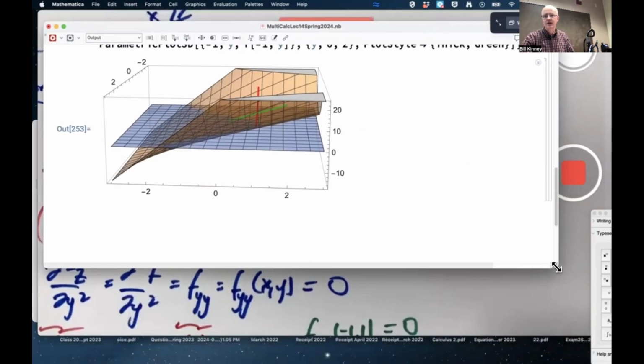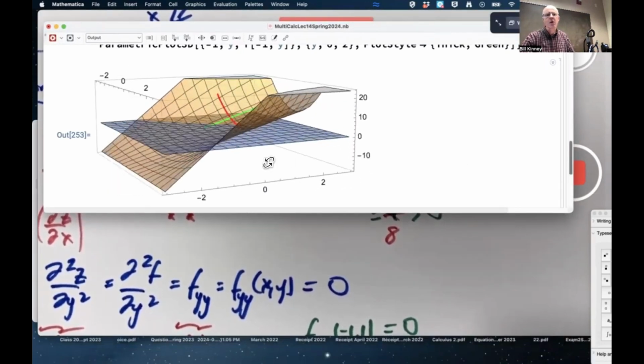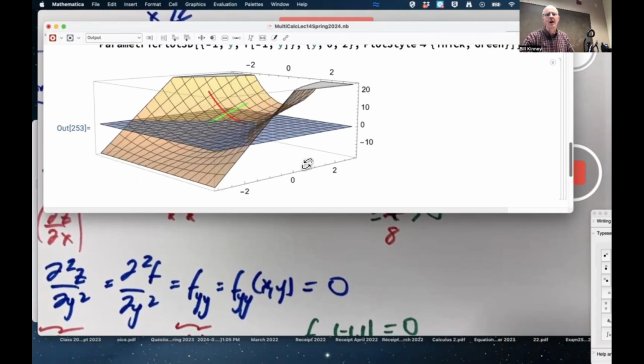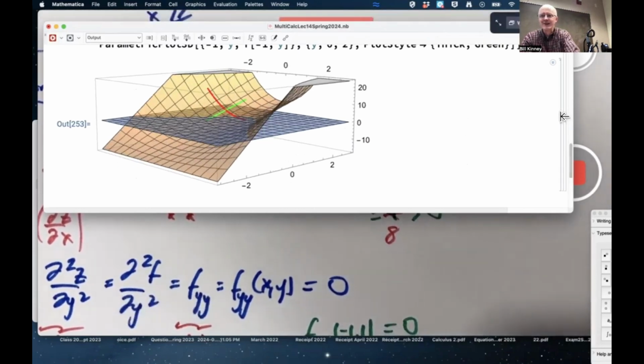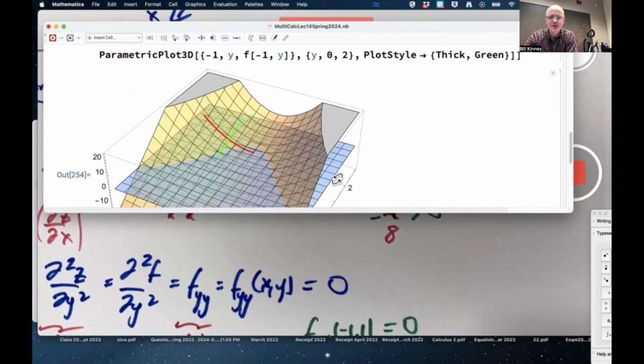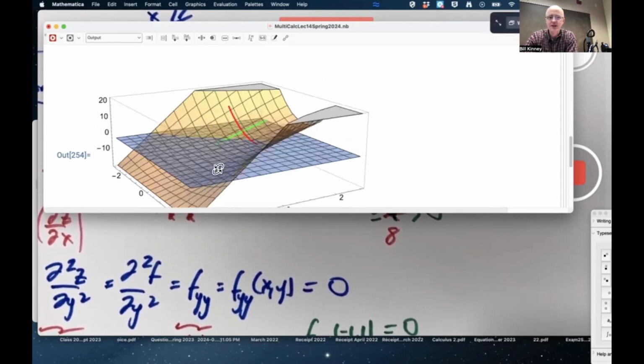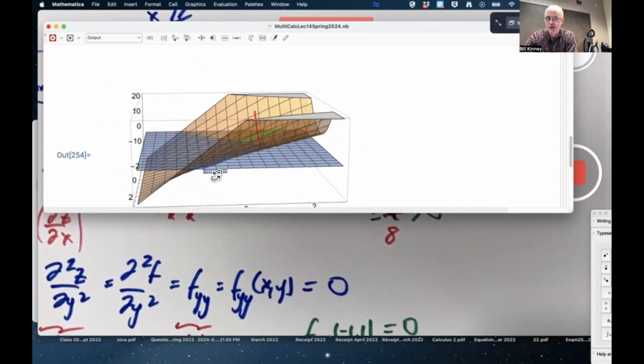X direction in the original picture. I forgot. Let me re-enter it. X direction goes to the right in the original picture. That's the red graph. Yeah, it's concave up. Y direction goes into the screen. In the y direction, you can see the intersection looks like a straight line.